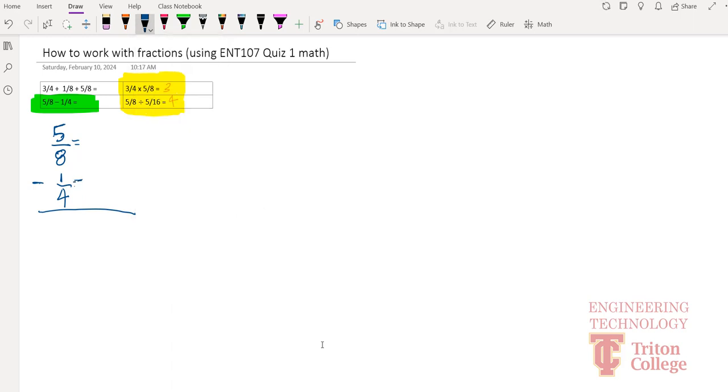Got it, guys? So same, we're also dealing with 8 and 4. So 8 is going to be the common denominator. 4 times 2 equals 8, so 1 times 2 equals 2. This is 8 times 1 equals 8, so 5 times 1 equals 5. So 5 plus 2 is 7.